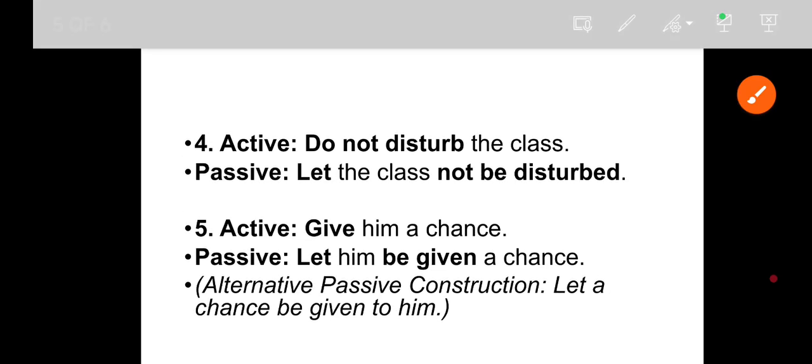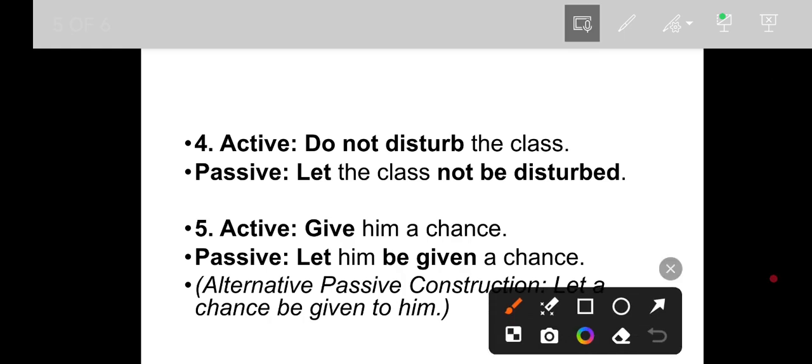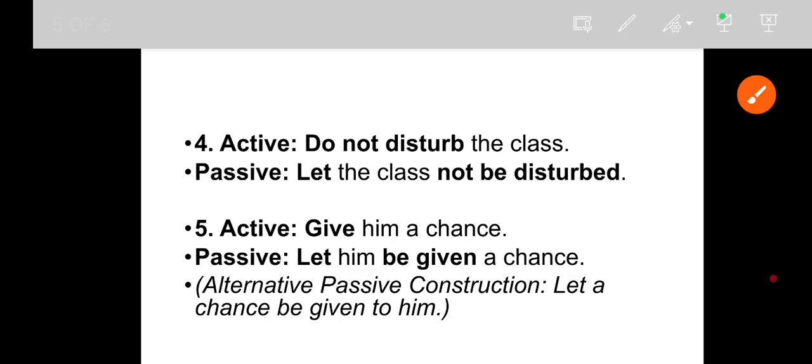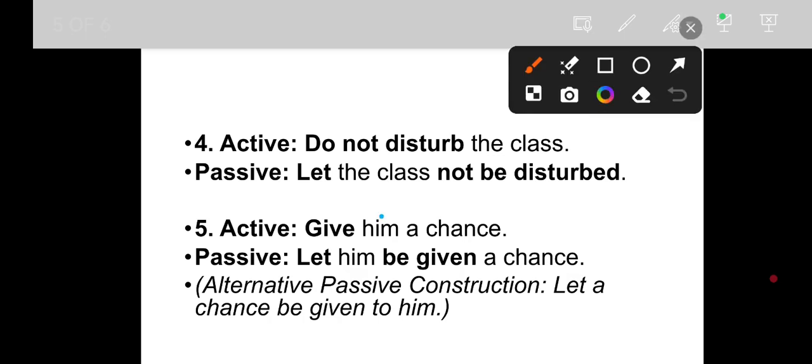Then the last sentence of this slide. Give him a chance. There are two voices. Let him be given a chance. Right? But the alternative: let a chance be given to him. Why two passive constructions for the fifth sentence? Because here one object is him, another object is chance.